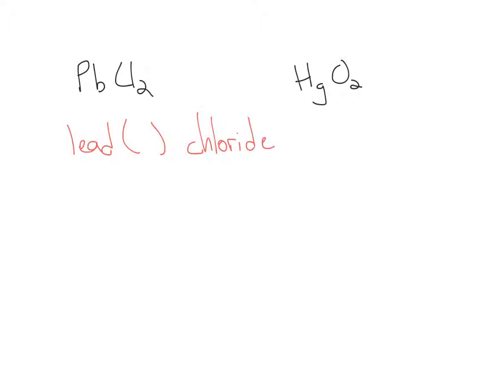Now, chlorine has a charge of -1, but there's 2 chlorines, so we're going to multiply by 2, which is going to give it an overall charge of -2. So therefore, because there's only 1 lead there, remember if there's no subscript that represents a subscript of 1, it is going to be lead(II) chloride, and we're going to use a Roman numeral 2.